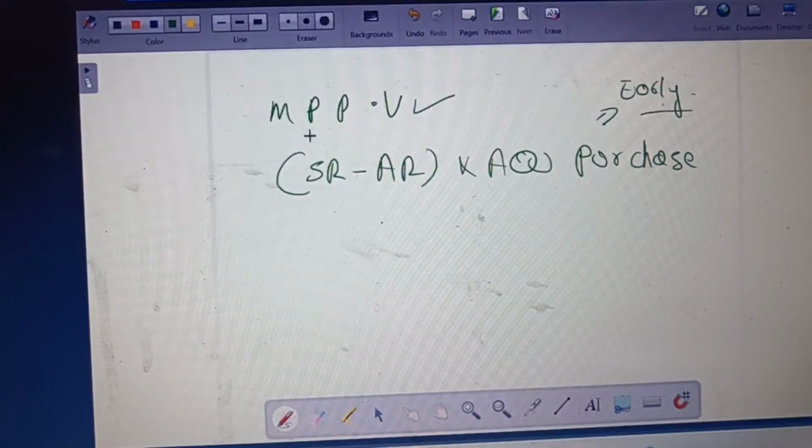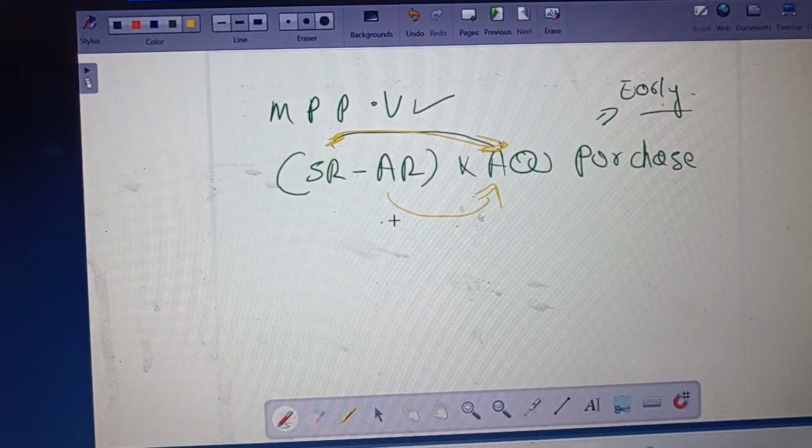So if the question mentions that purchase price variance is to be used, it is the same formula, there is no difference: actual quantity and standard rate. It's between actual budget and flexible budget: actual quantity times actual rate, standard rate times actual quantity. Simple.